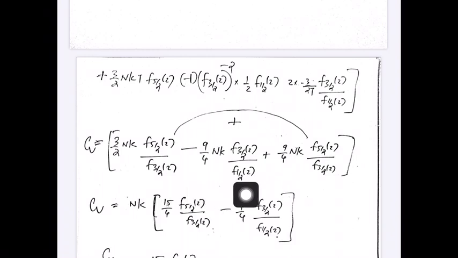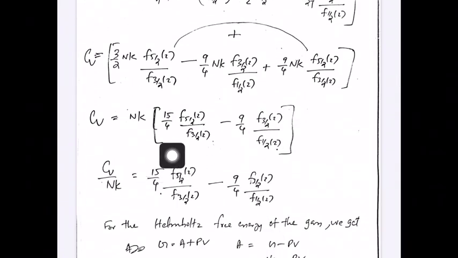Okay, the three terms are this, and these two terms combine. We have f_{5/2}(z)/f_{3/2}(z) here. Several terms here cancel. So the final result will be this.